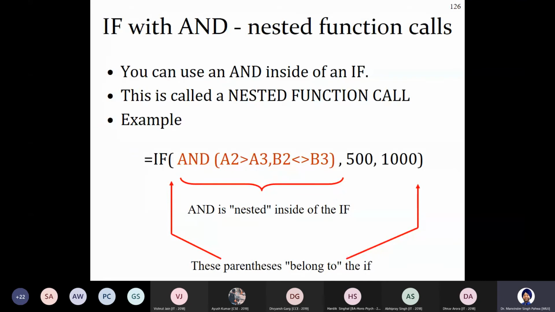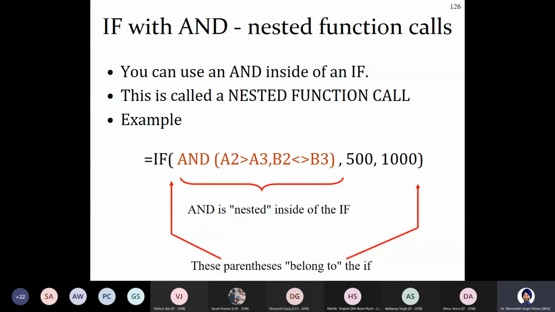So sometimes an AND can also be used in some of the functions. These are the things sometimes when it is nested inside one another. So you can use AND inside of IF. This is called a nested function call.